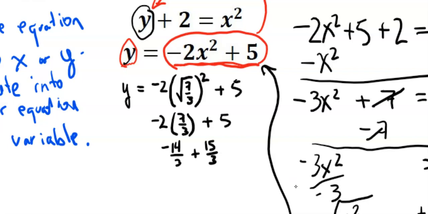But now I've got a common denominator, I can add them together. So negative 14 thirds plus 15 thirds would be 1/3.